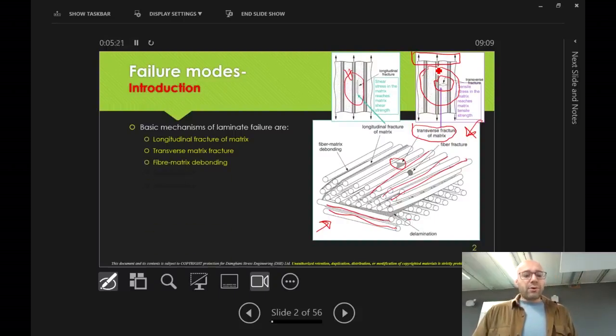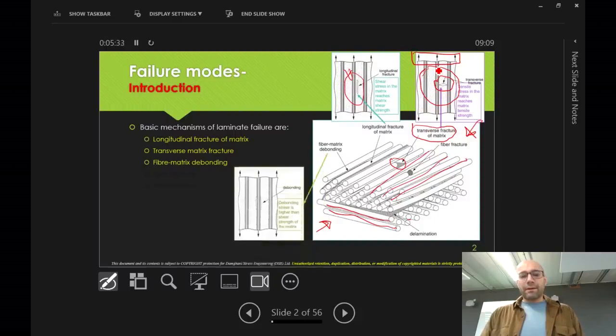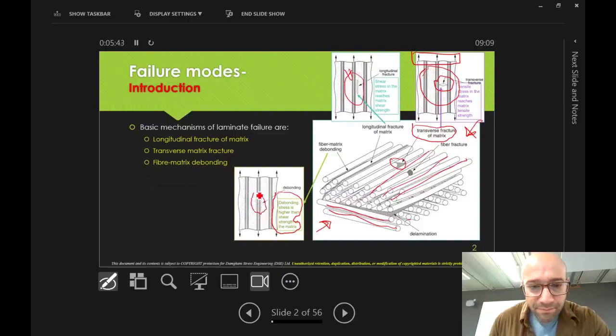Another failure mode is fiber matrix debonding. So at the interface between the fiber and the matrix, there's a debond. Or when the debonding stress is higher than the shear strength of the matrix, that interface, as shown here, as you can see, fails.